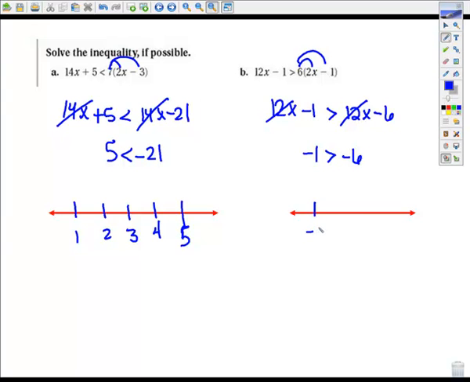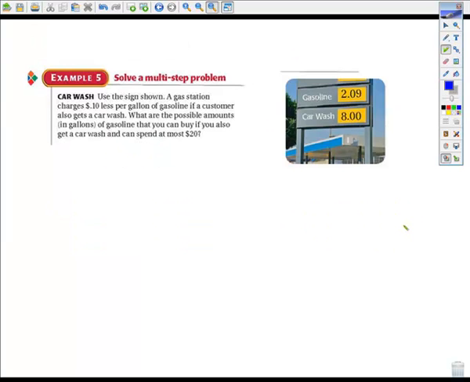Let's go ahead and put some negatives on. -2, -1, 0, 1, 2. This is true for all values. So let's just go ahead and shade it. It'd be the entire number line since it's true for everything.